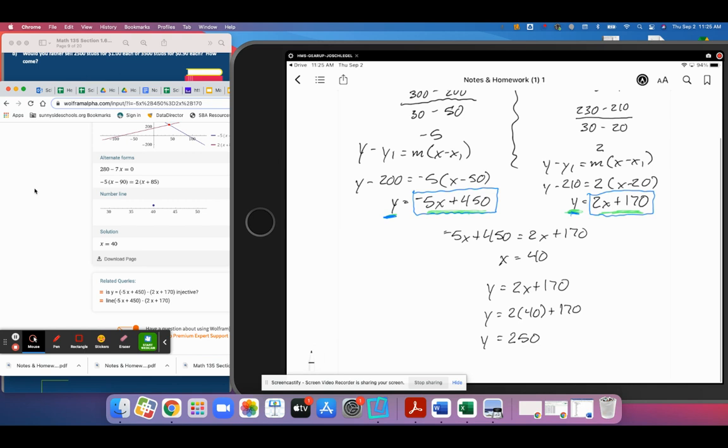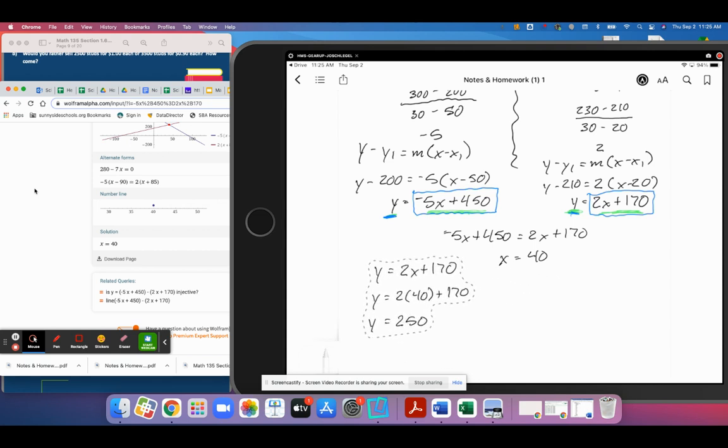So our solution for this, and I'm going to move this just up out of the way so I have some room to work. So our solution for this, everyone, is that the x value is 40 and the y value is 250.